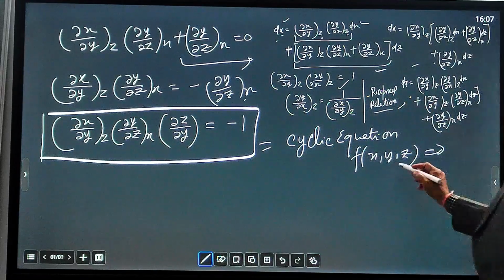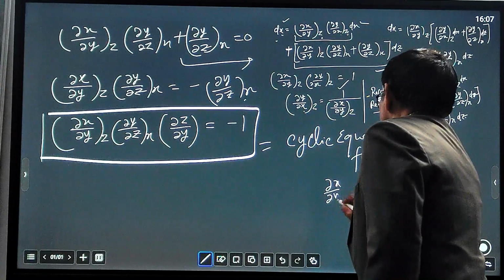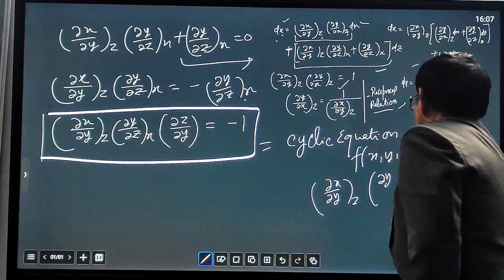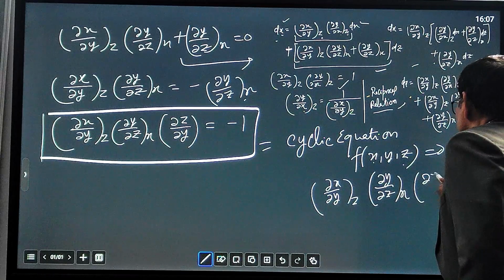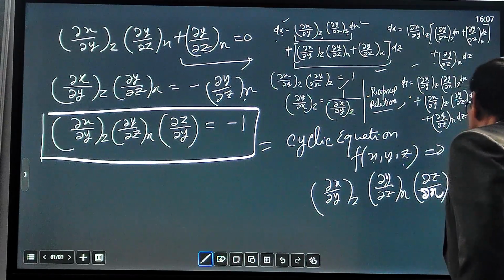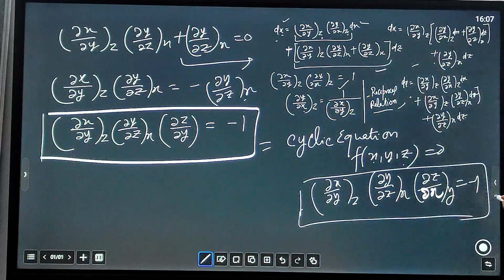So you can see here (∂x/∂y) at constant z and (∂y/∂z) at constant x into (∂z/∂x) at constant y equals minus 1. This equation will be used when we convert x, y, z.